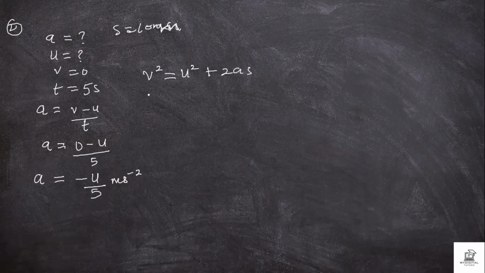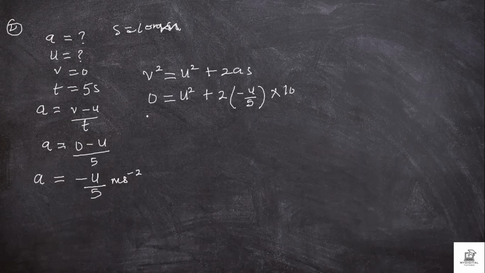So v squared is 0, the final velocity is 0, is equal to u squared plus 2 into bracket, this time around, A is minus U over 5, all multiplied by S, the distance, which is 10.